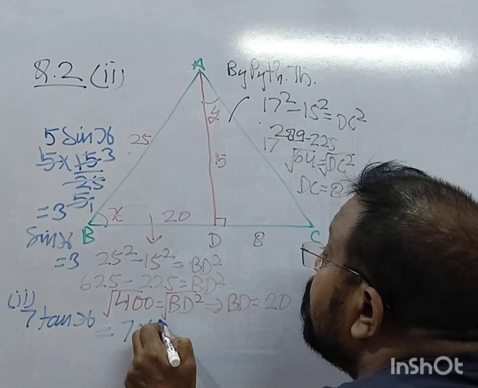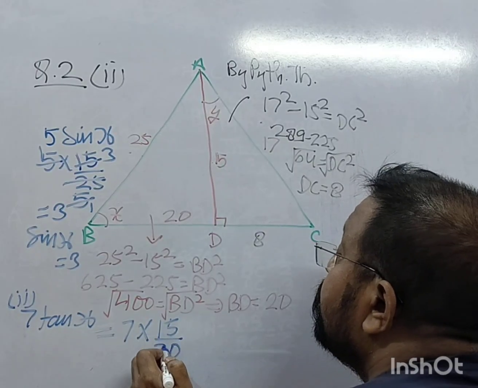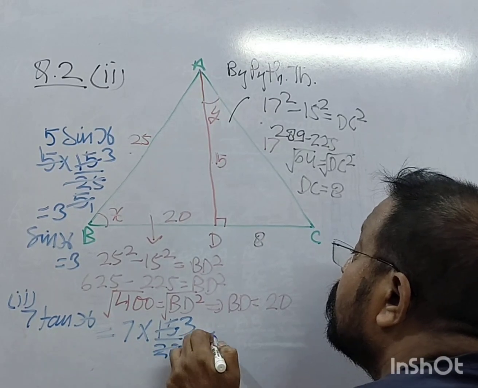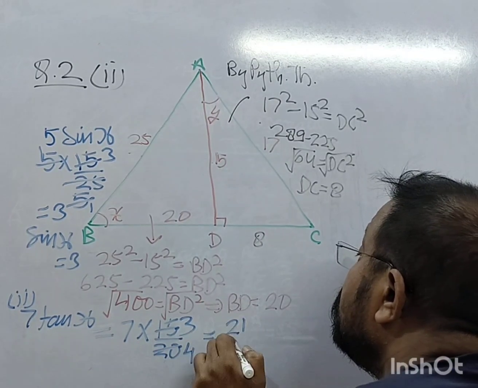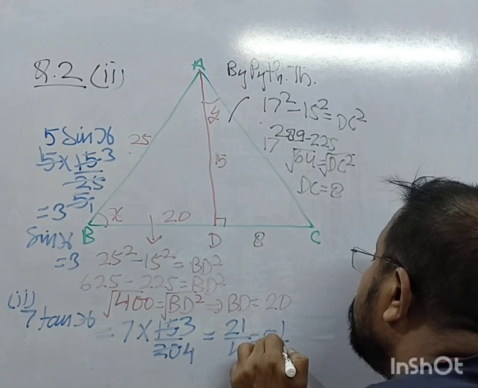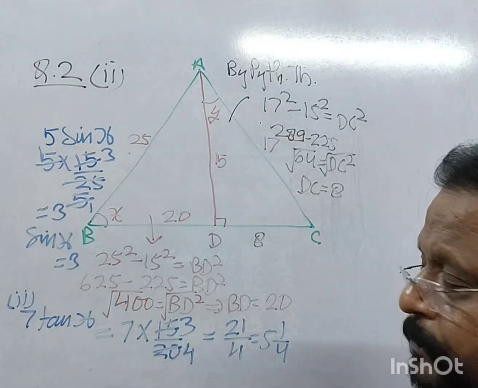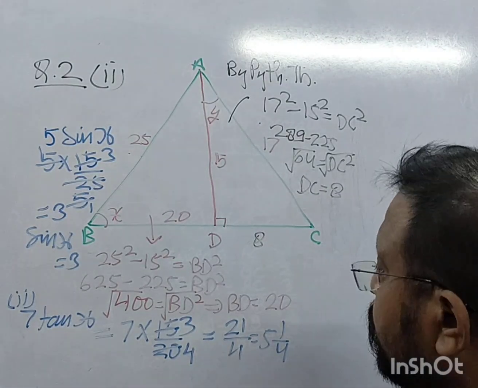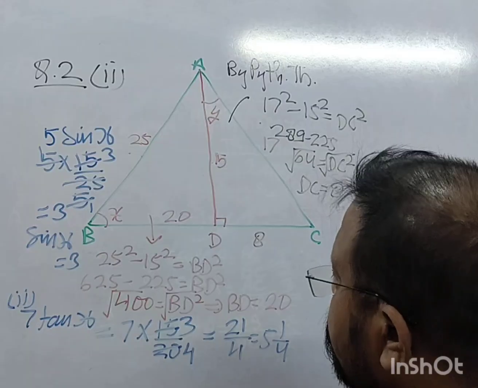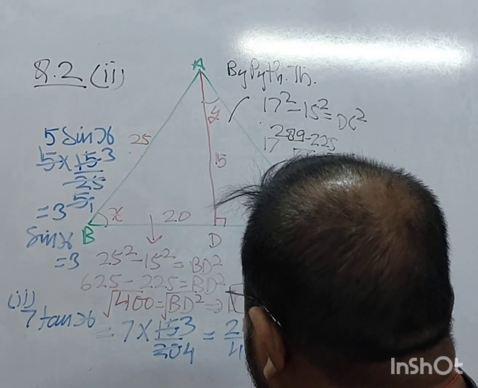So 15 upon 20. 3 by 4. 21 by 4. It becomes 5 whole 1 upon 4. Right? This is 7 tan X. Now we have the third one.